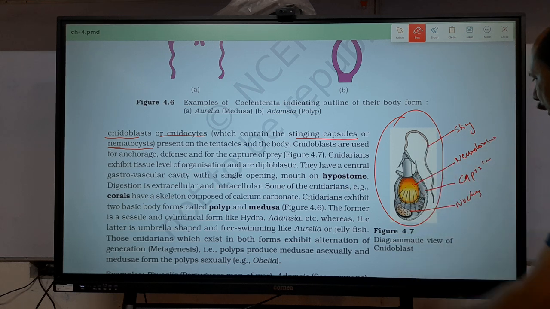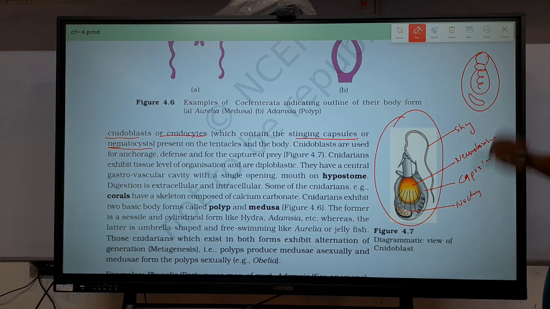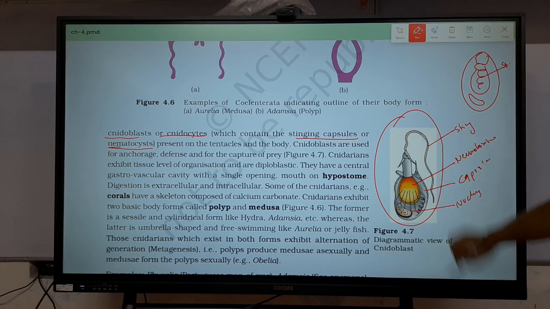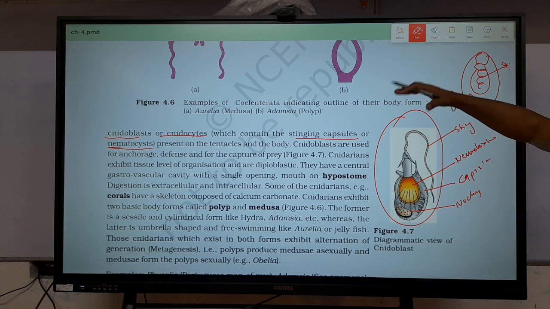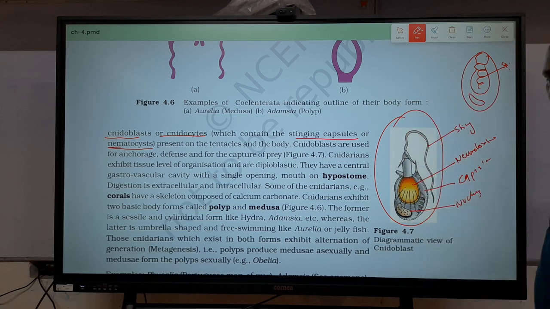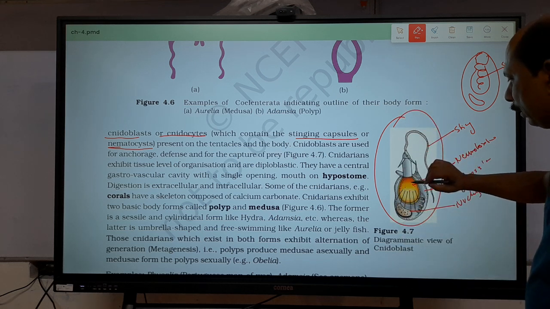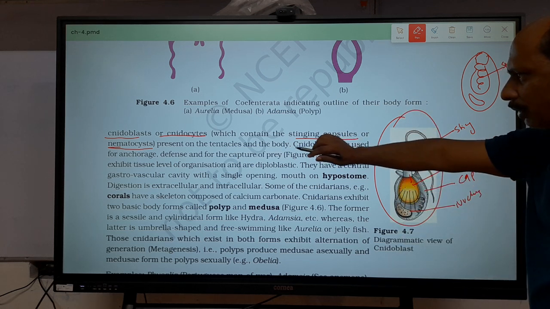In normal condition, the sting is inside the capsule. But when some prey comes onto the tentacles, where these cells are mostly present, they blast. Why are they blast cells?